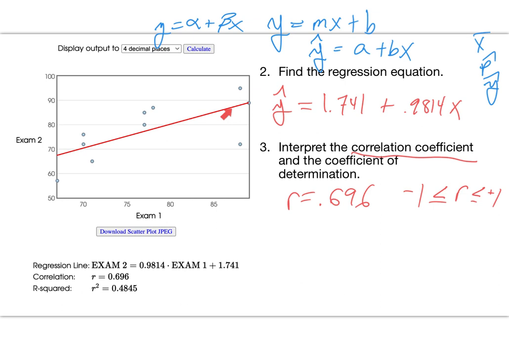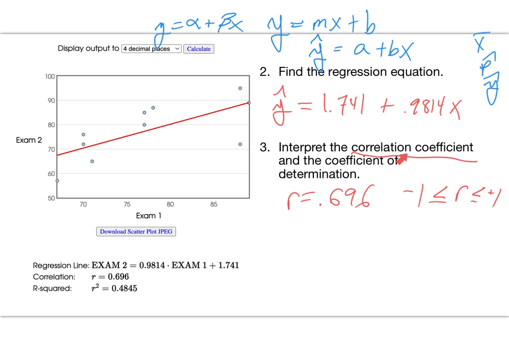All right, so this is a mostly linear, moderately to weakly positive linear relationship. Which means, that's that phrase that I say many, many times.